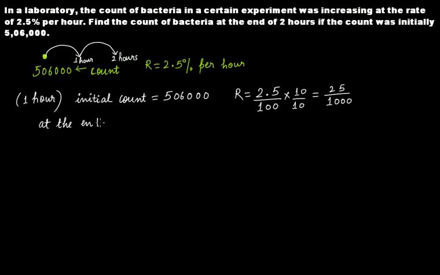At the end of 1 hour, the final count will be 5,06,000 plus 2.5% of this. 5,06,000, 2.5% of this means 25 by 1000.